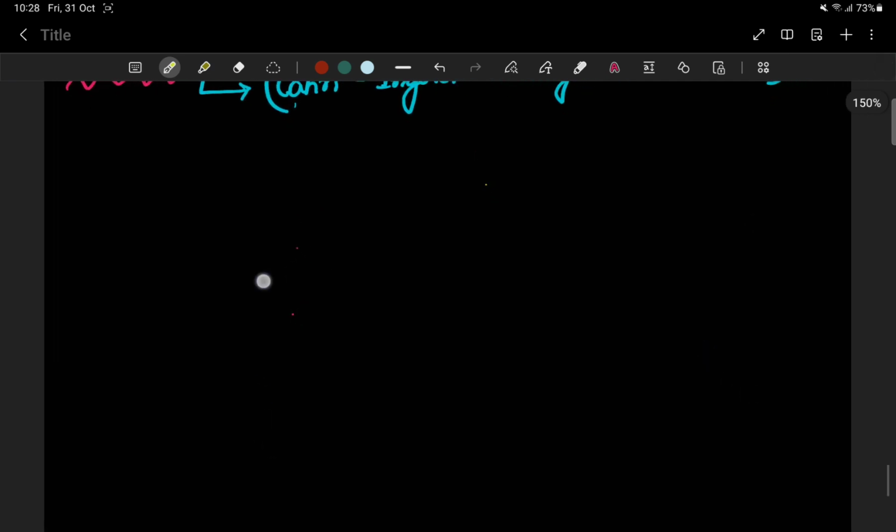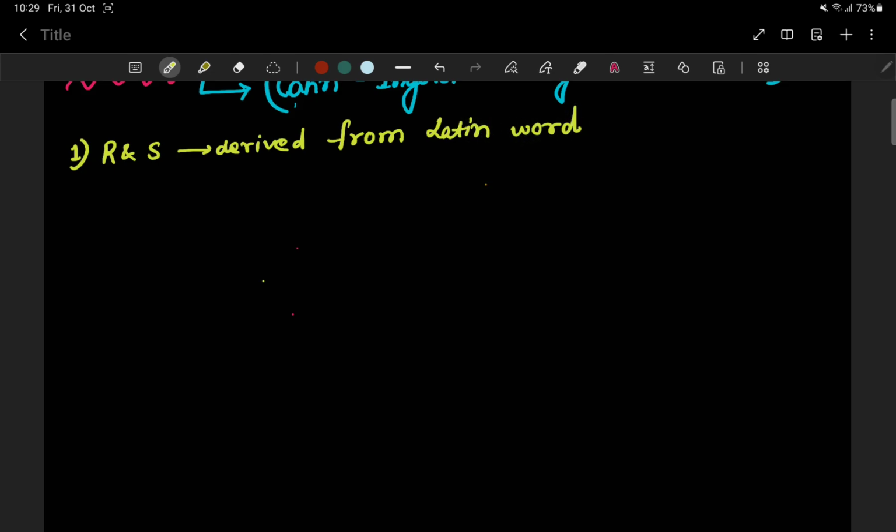RS nomenclature. So first thing you will keep in mind, what is RS? R and S both are derived from a Latin word, where R stands for rectus.